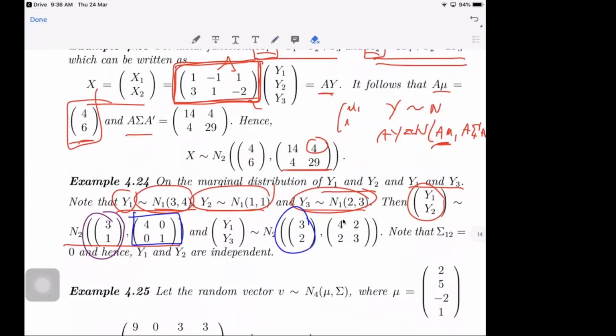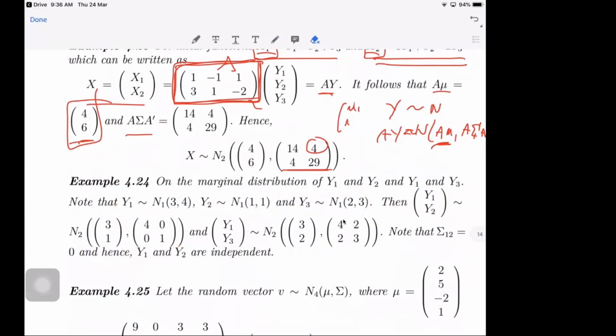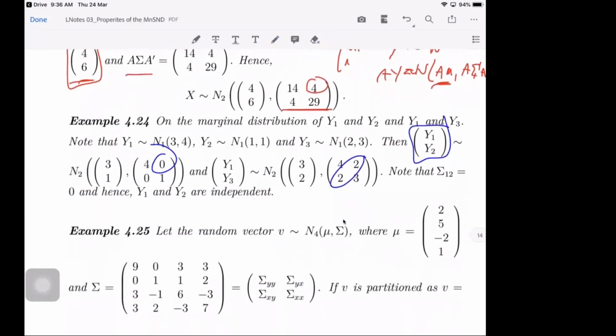Okay, so that is how you derive the particular vectors and matrices of your mean vector and covariance. And we see that since this is 0, then y1 and y2 are independent. However, since this is not 0, we cannot say the same thing about independence for y1 and y3. Okay.